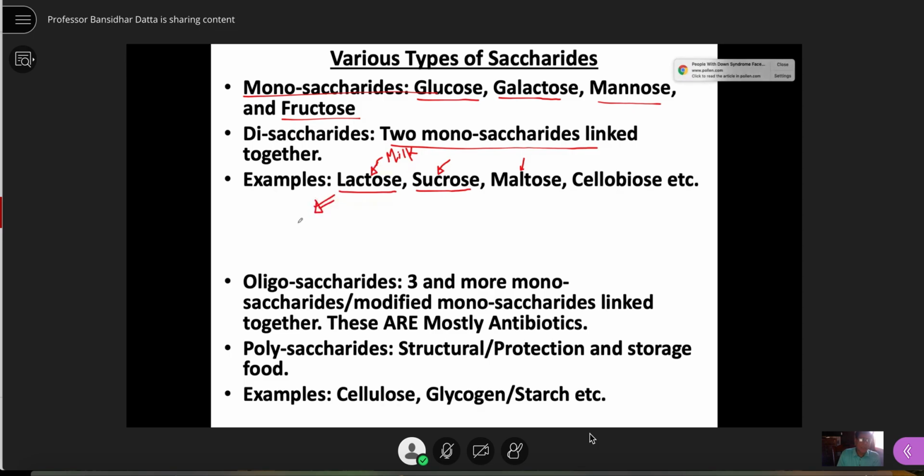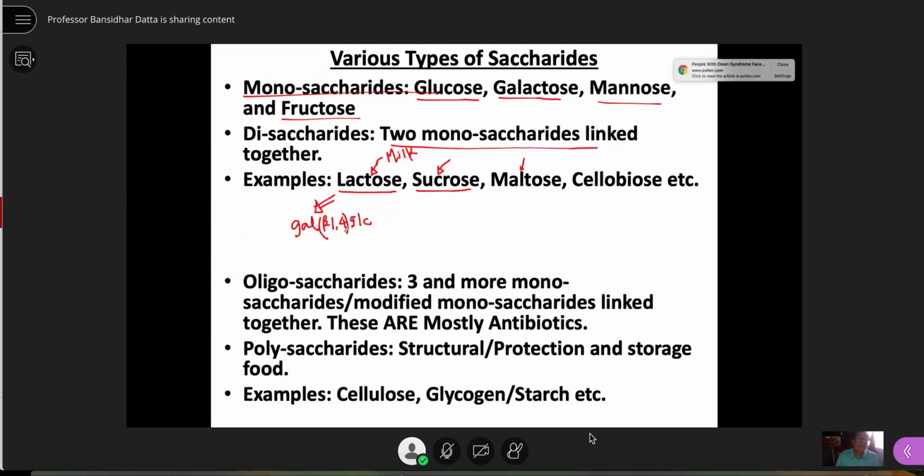So the chemical form of lactose is a galactose linked with beta, you remember the beta, right? Beta 1 carbon of galactose linked with 4 carbon of glucose, and you can put the parenthesis.